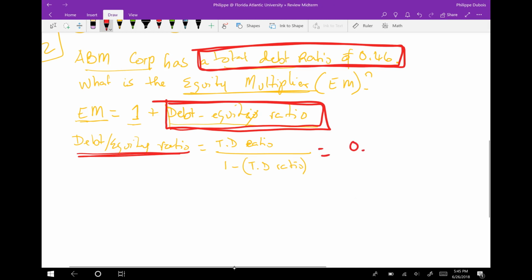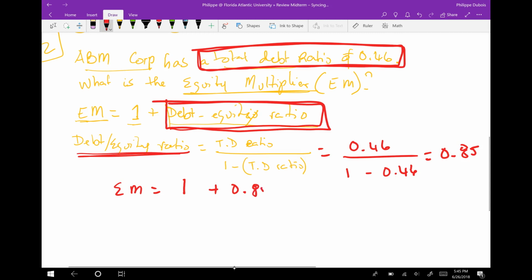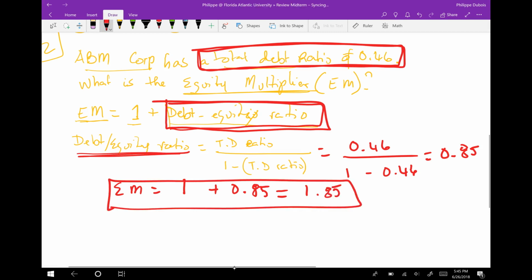So let's compute that. It is 0.46 over 1 minus 0.46, and that will give you 0.85. Therefore, your equity multiplier is 1 plus 0.85, so your equity multiplier is 1.85. That simple. That's why I'm telling you guys it is very important to know your formulas.